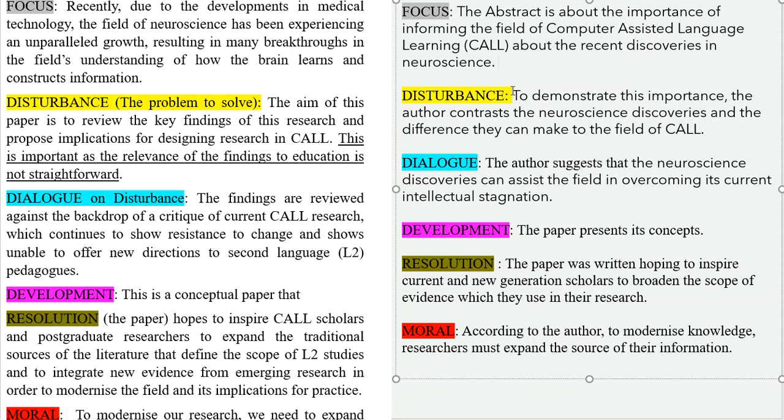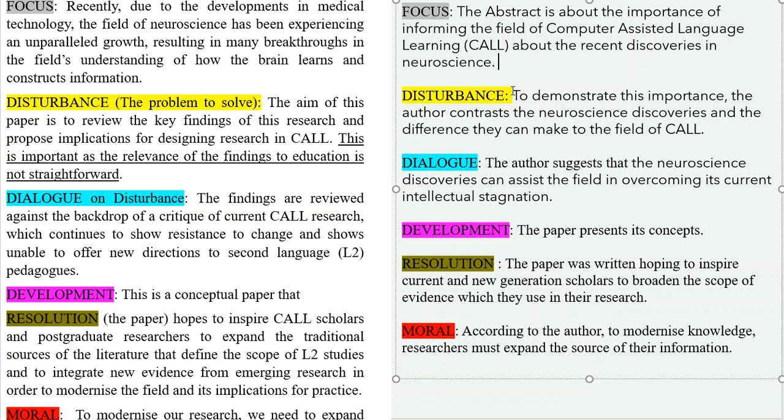To demonstrate this importance, the author contrasts the neuroscience discoveries and the difference they can make to the field of CALL. The author suggests that the neuroscience discoveries can assist the field in overcoming its current intellectual stagnation.